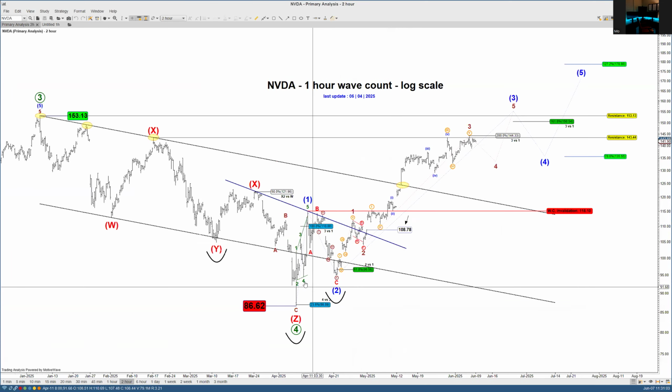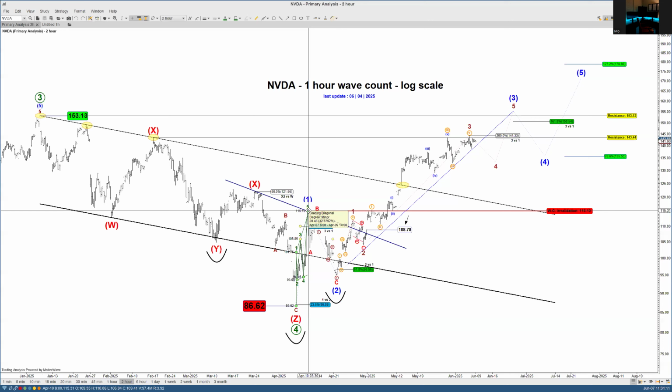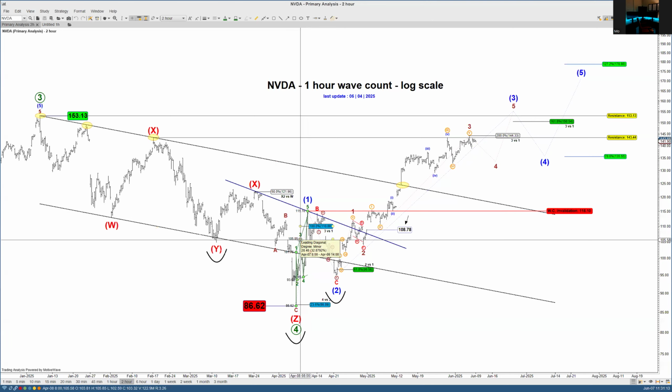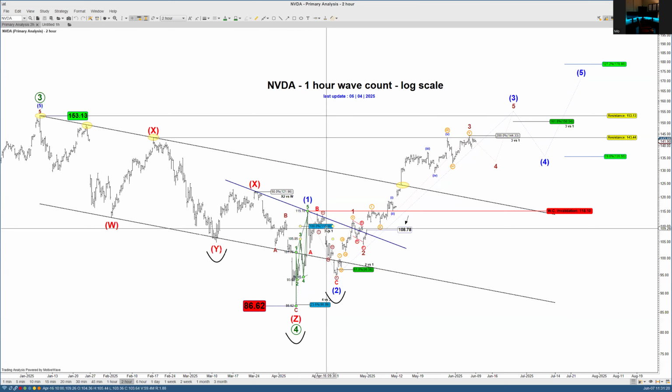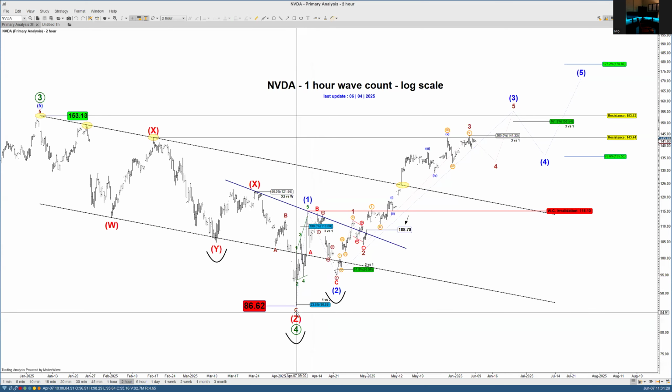Look what happens here. Here's the NVIDIA low, 86.62. So here's 1, 2, 3, 4, 5. I have them as 5 waves up. Now this third wave is at 105, shorter by 5 points than at least 110. But I was like, okay, fine, it has a throwover.